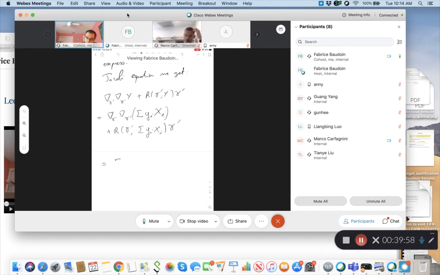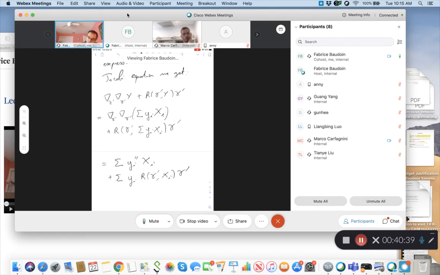So the first term is the sum of the second derivative of yi with respect to t, times xi. For the second term, I use the tensorial property of the curvature tensor, so this is linear with respect to the second component, and I get the sum of the yi R gamma prime xi gamma prime. Are you with me? Okay, good.